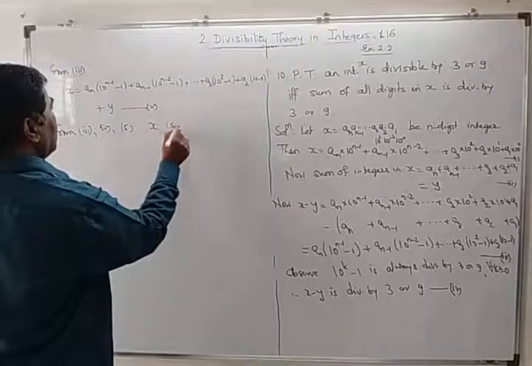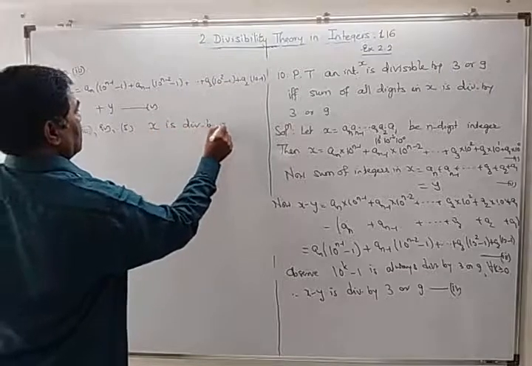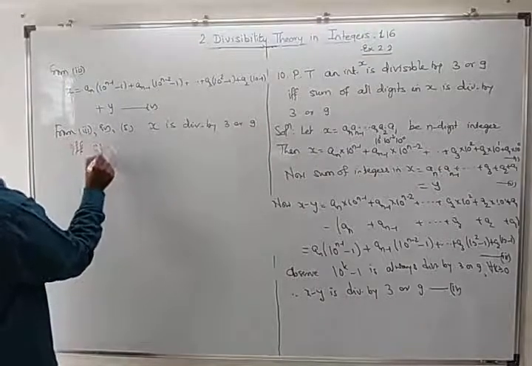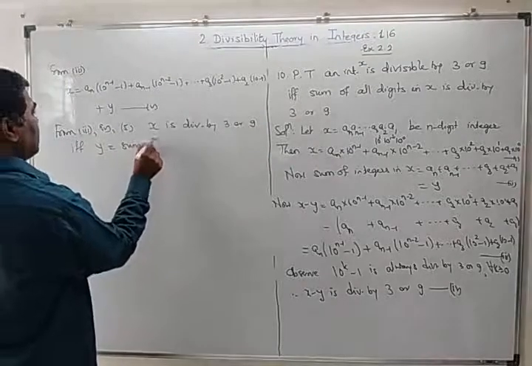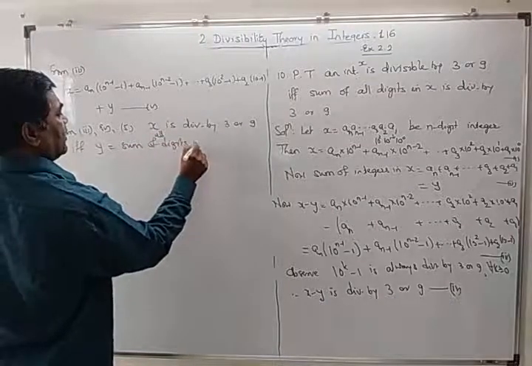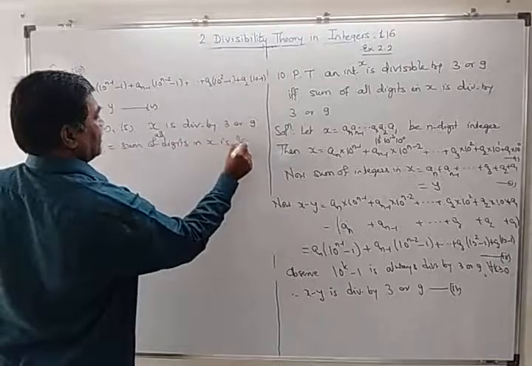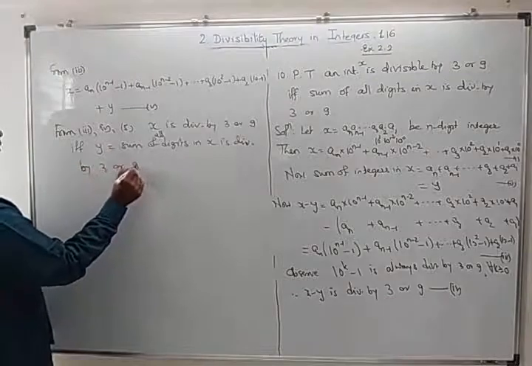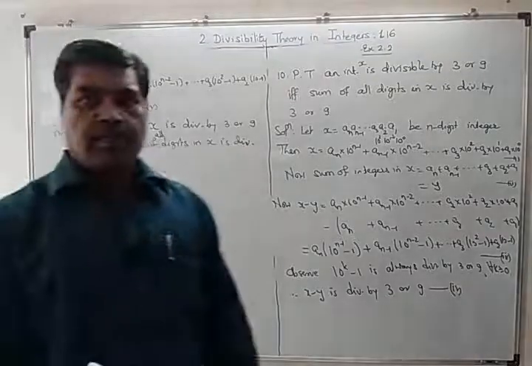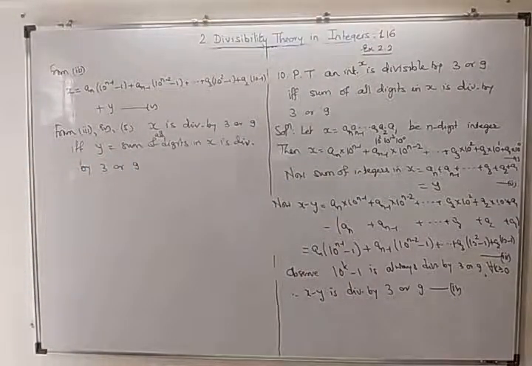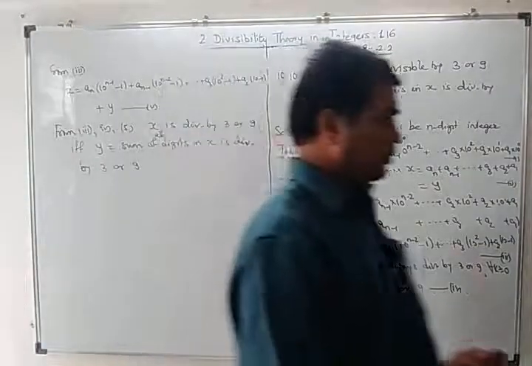So x is divisible by 3 or 9 if and only if y, the sum of all digits in x, is divisible by 3 or 9. Is it clear? So this is the way of proving that result.